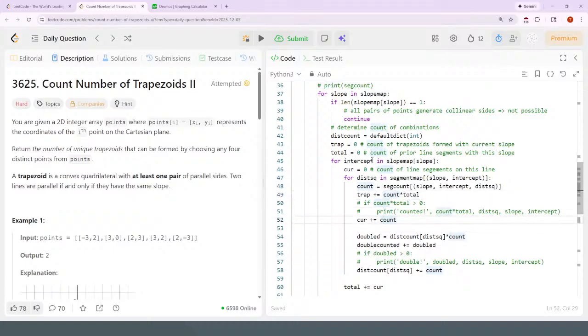Current line increases by the number of line segments. Things that are double counted are the current line segment multiplied by the prior things that have this distance, which resets each time. Yep. Increase double counted.